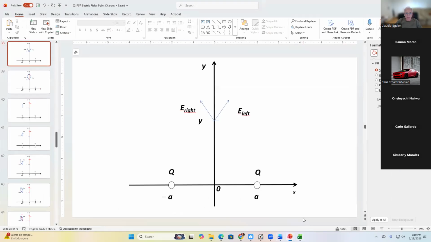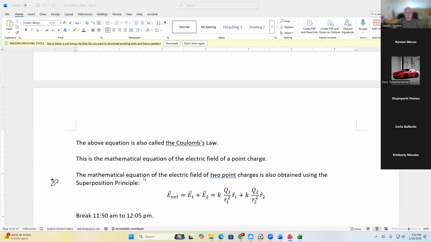So let's do some examples of this electric field, right? Consider finding the electric field of this charge configuration along this axis, okay? Example.